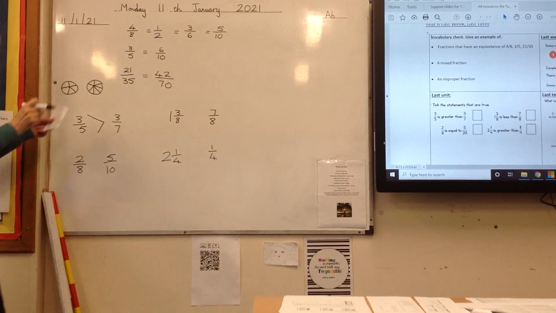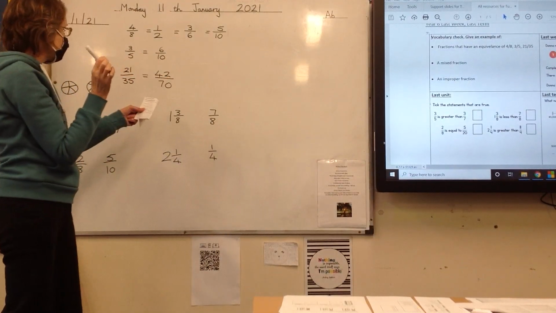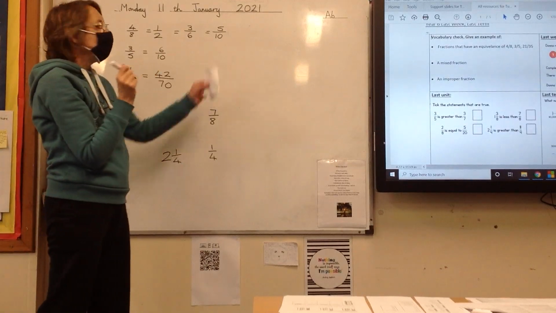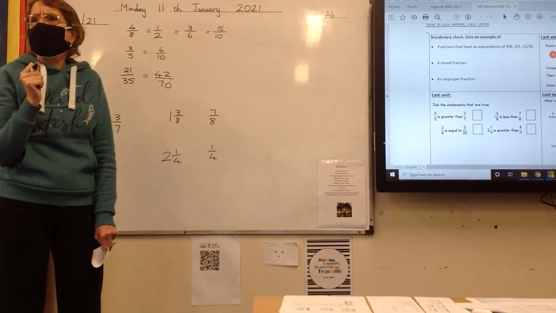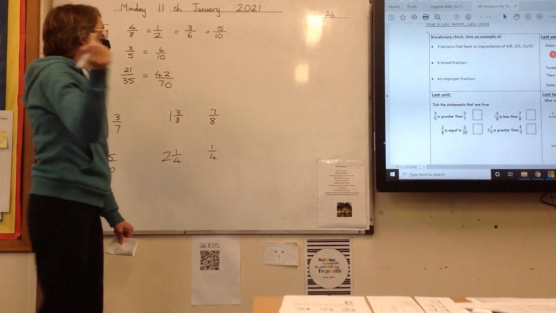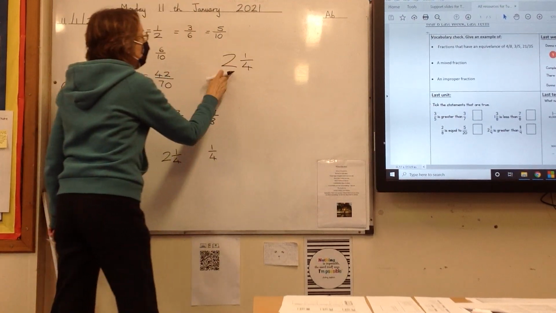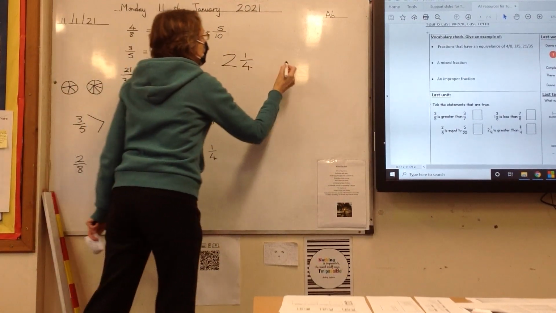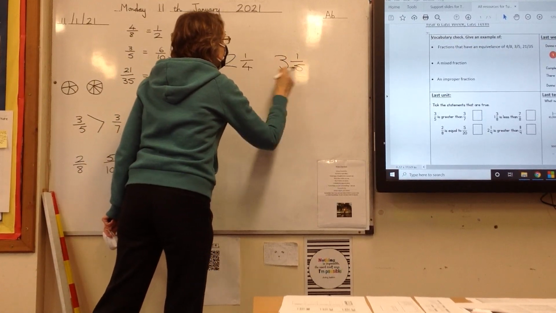Okay. This one actually goes back to our first question, which I didn't actually ask you. You were asked for mixed fractions. What does it mean by a mixed fraction? It means a fraction with a whole number in it. Yeah, so if we had, say, 2 1/4, we've got a whole number, we've got a fraction. If we had 3 1/5, we've got a whole number, we've got a fraction.